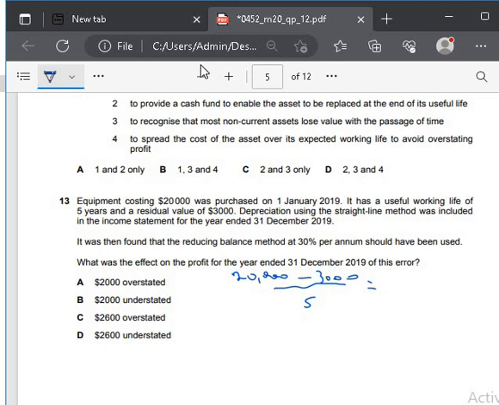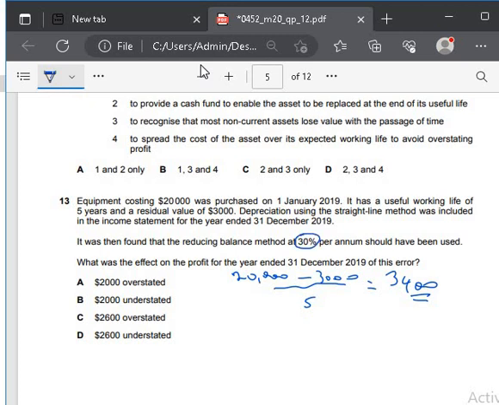So if we work this out, 20,000 minus 3,000 divided by 5, the answer I'm getting is 3,400. This is the depreciation which was actually put in the income statement, and yet they were supposed to use the reducing balance method of 30%.